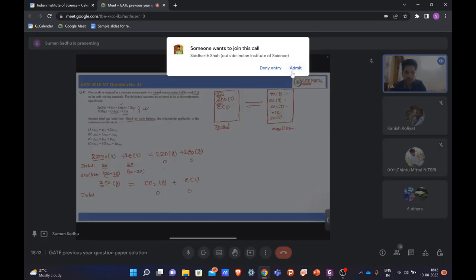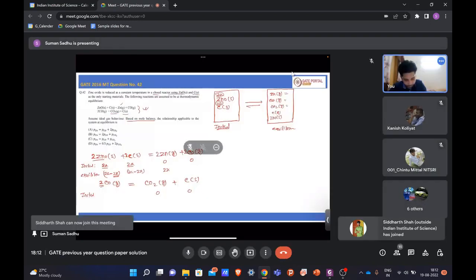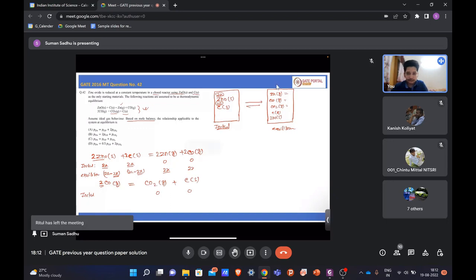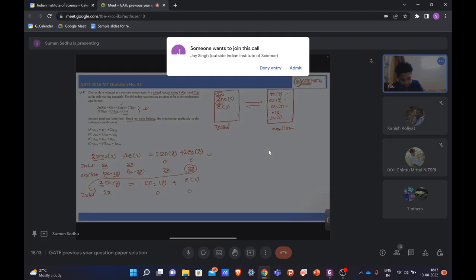As 2x mole is dissociating, 2x mole of zinc will form here and 2x mole of CO in the gaseous form will form here. Now this 2x mole of CO formed because of the first reaction will act as a reactant of the second reaction. So initially for this reaction we can consider 2x mole of carbon monoxide.